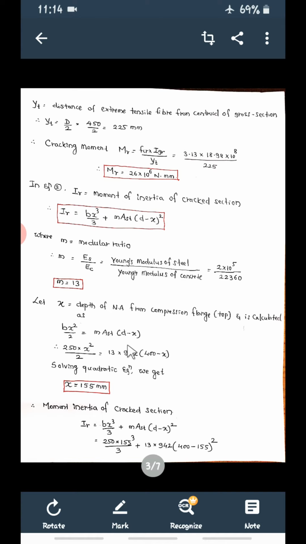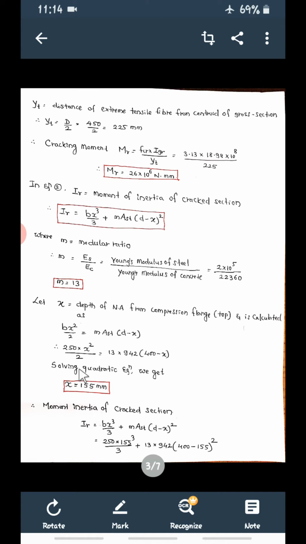Already we know how this formula came. So substitute b 250, x square divided by 2, m is the modular ratio 13, into area of steel Ast 942, into effective depth 400 minus x.